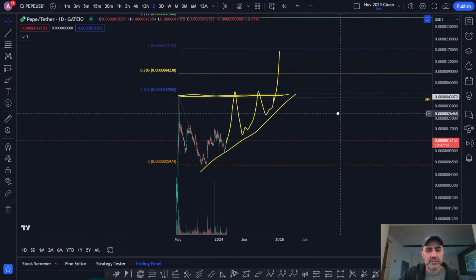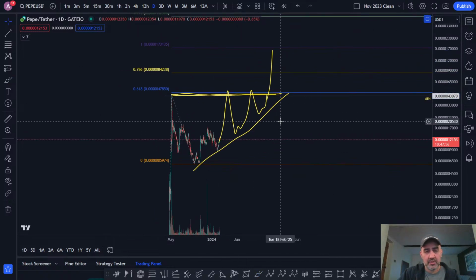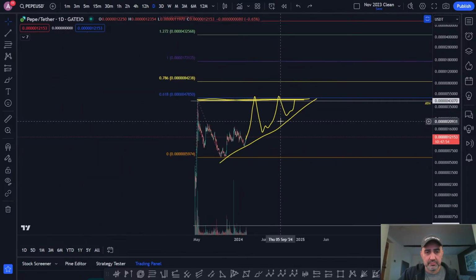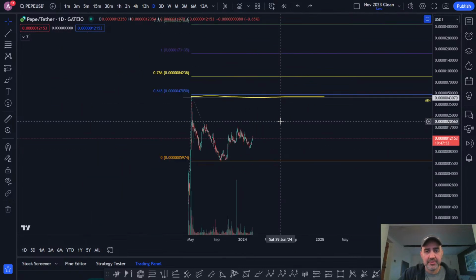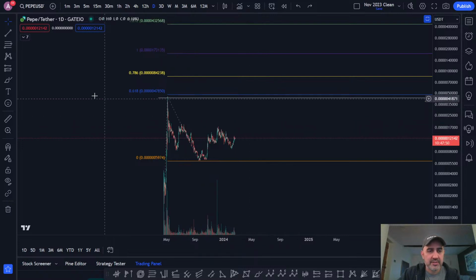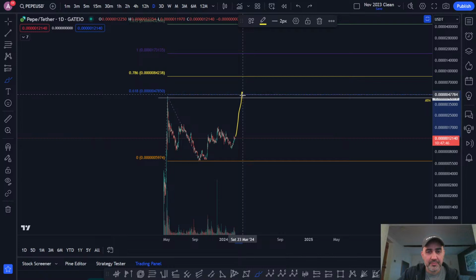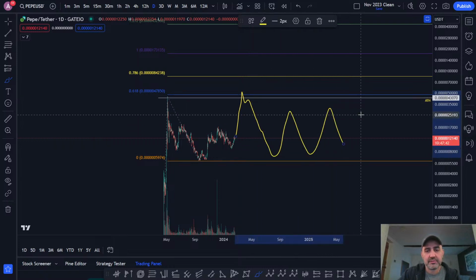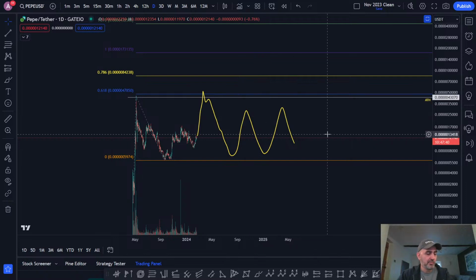This would be really bullish if that was to happen. Or if that wasn't to happen, there's so many things that can happen. If it goes up, you could just be ranging, just continue to range.